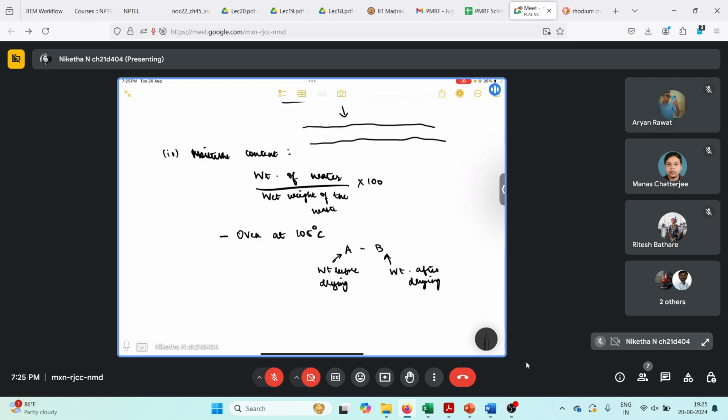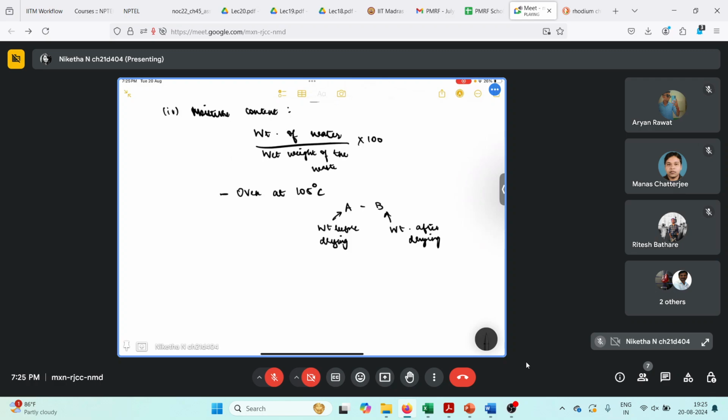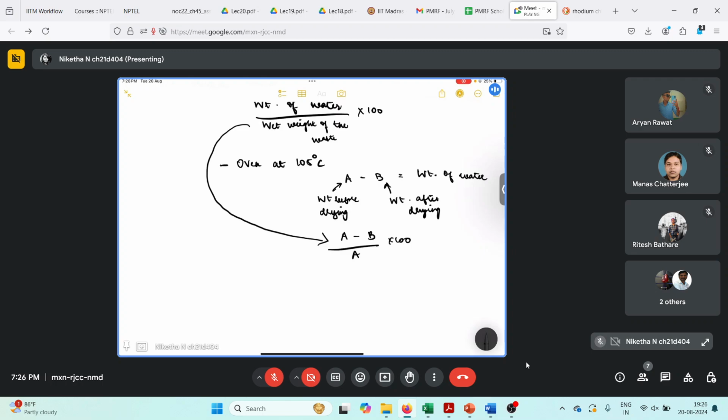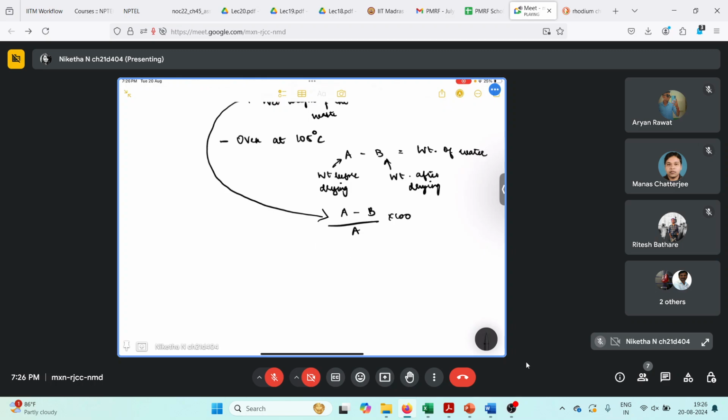If I say A minus B, then what is this? This is equal to the weight of water. So the moisture content is A minus B divided by A into 100. This is the same as the previous formula. Whatever wet weight was there, we subtract the dry weight from that, and then we determine the weight of water.